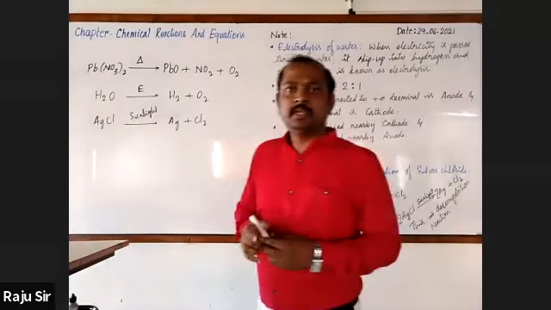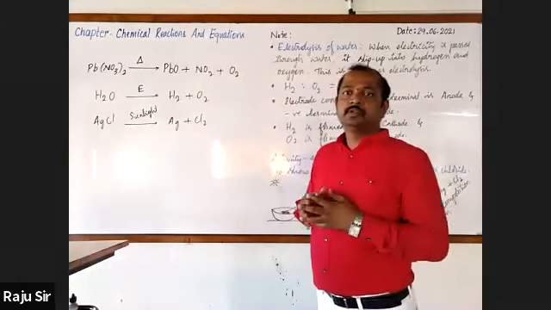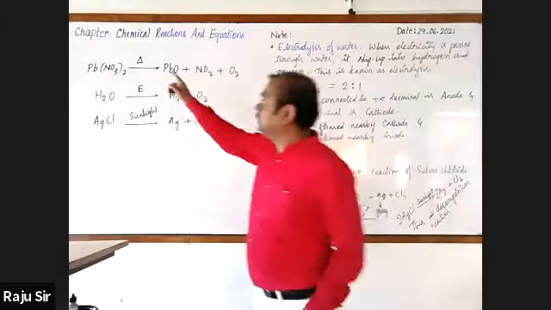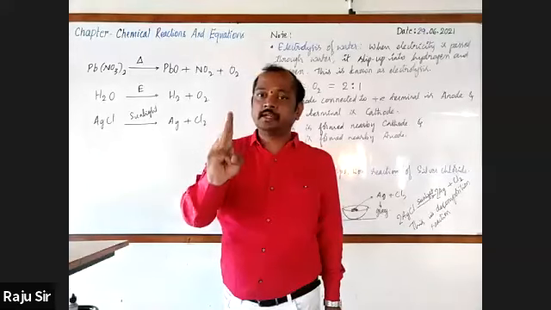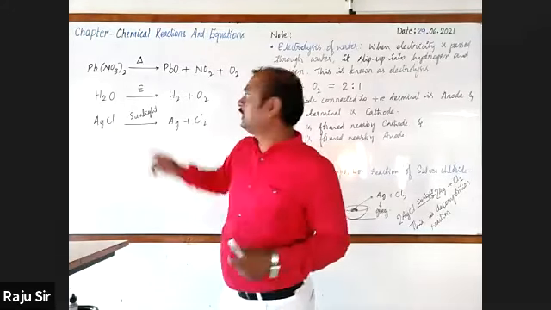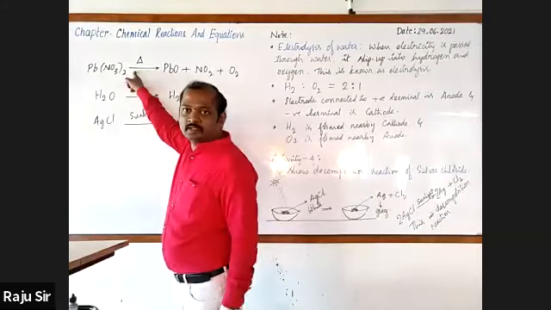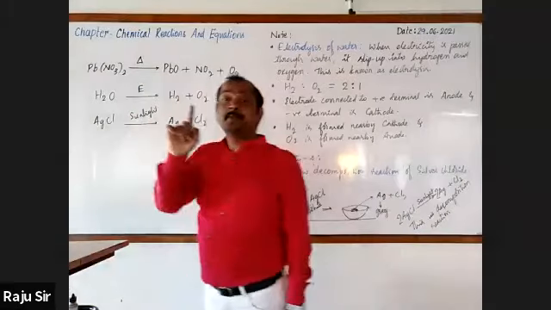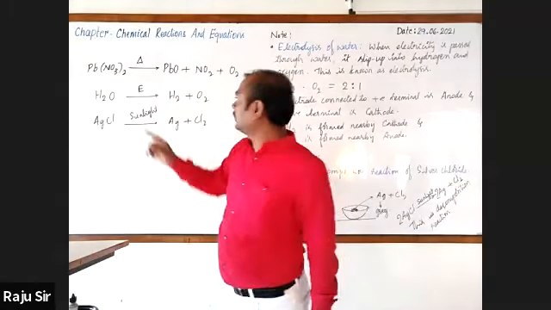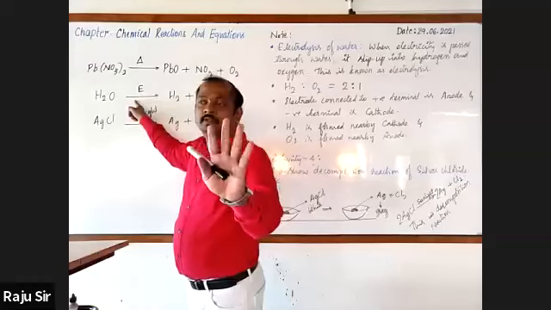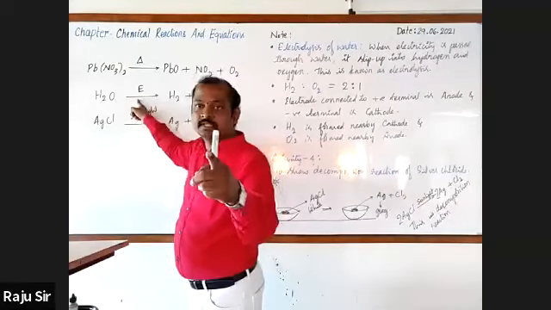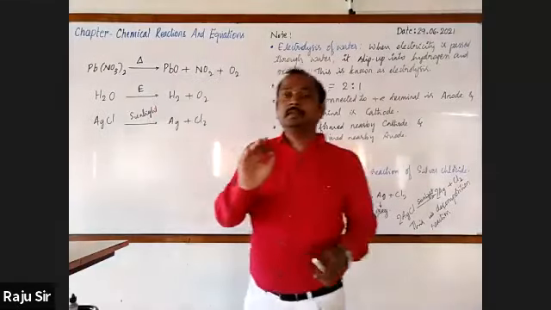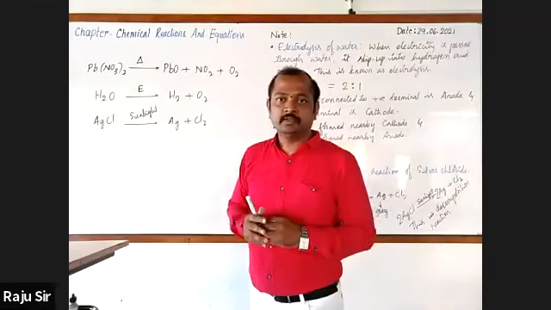Yes, students, from these 3 observations, you will come to know that decomposition reaction is carried out under 3 conditions. One is supplying heat. Second is by passing electricity. Third one is in the presence of sunlight.